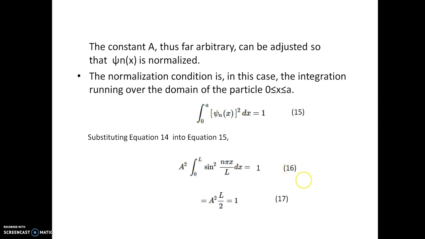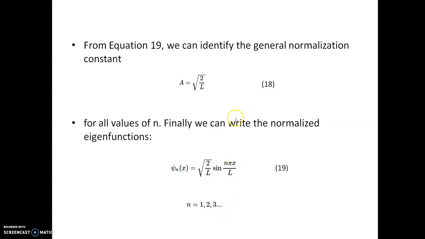So use this formula and integrate. You will end up with this integration term leading to the value L by 2. So A squared is outside, and the integration term will be A squared L by 2, equal to 1 because it is the normalization condition.